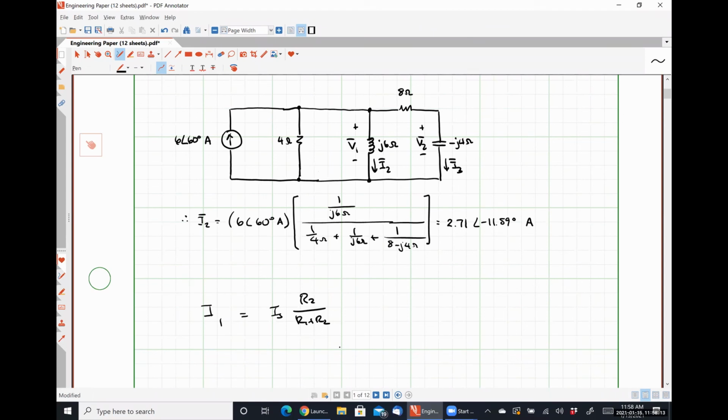You could technically do 12 minus J4 divided by 4 plus 8 plus J6 minus J4, and it would work, but it's weird putting everything you don't want in the numerator divided by everything in the denominator. It just screws with my head. So I much prefer the reciprocal method. I just wanted to make sure you have all seen it before, because not everybody teaches it that way.